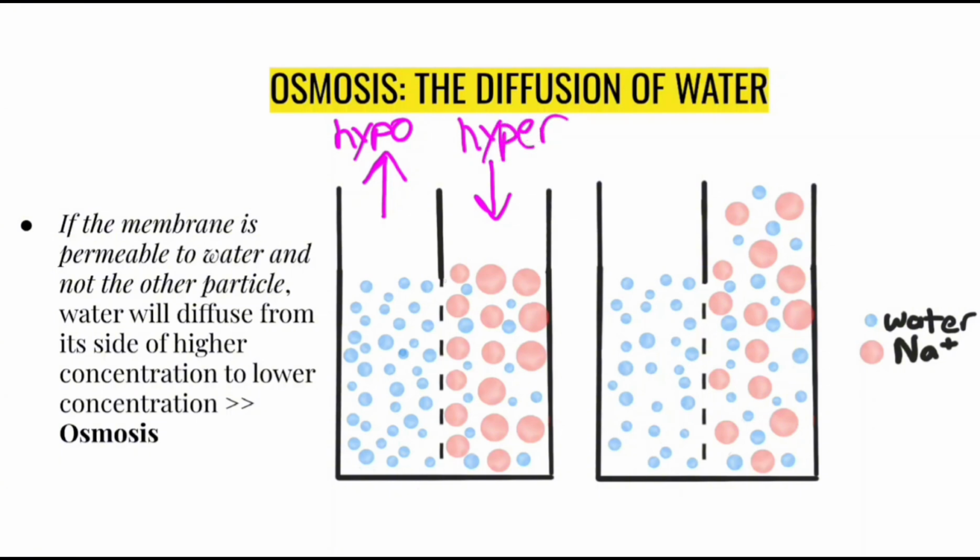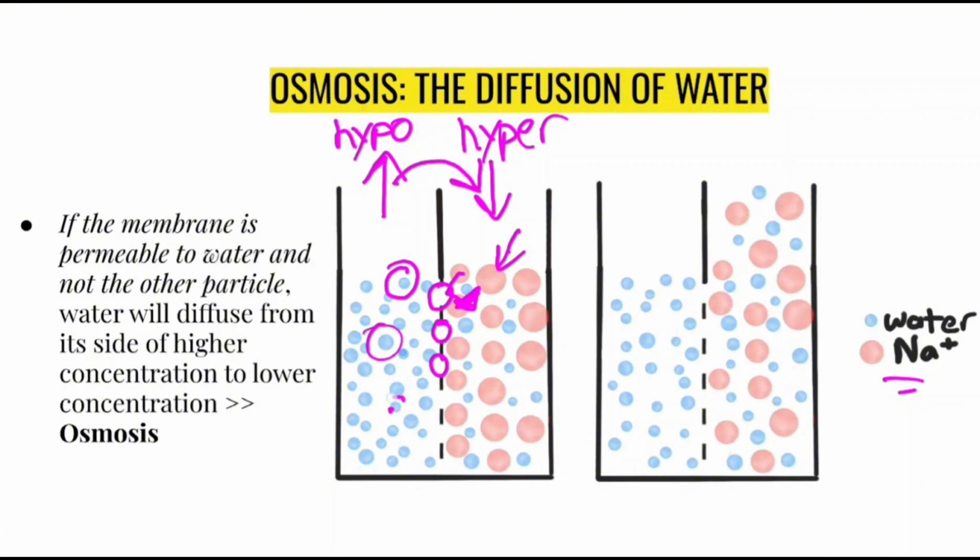If this membrane is permeable to water, and it is, and it's not permeable to this, so these molecules of sodium, in this case, are not going to diffuse across, but water can. Water can and will. Why is water going to diffuse across? Because it's going from its high concentration towards its low concentration.